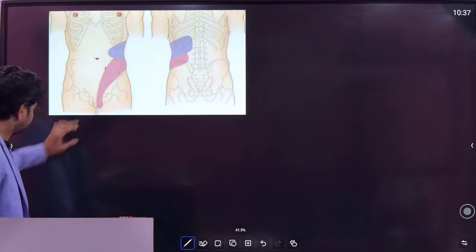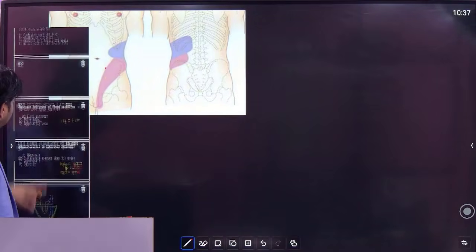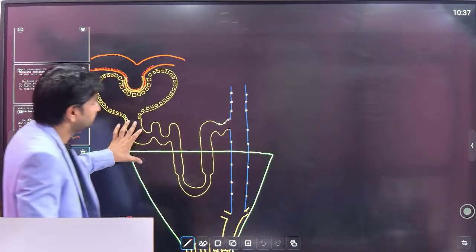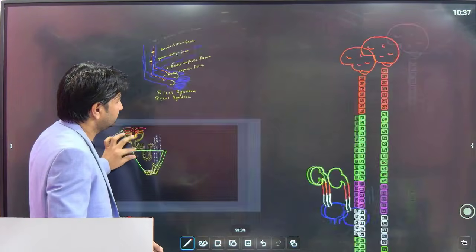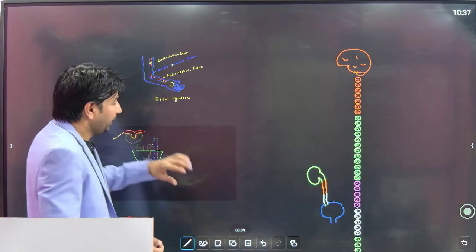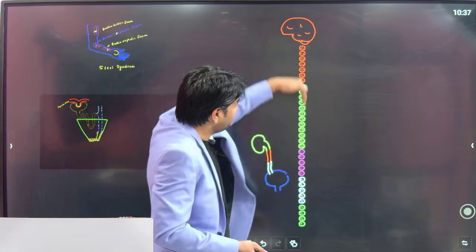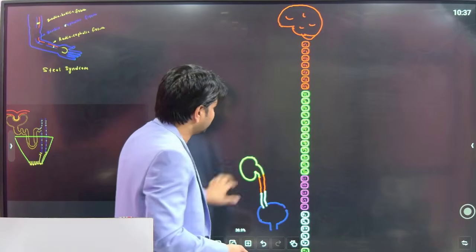But why exactly does this pain tend to radiate when someone has renal stones? To really understand why the pain radiates in this way, we have to take a closer look at our brain. And just below the brain is the spinal cord. Different spinal nerves emerge from different segments in it.